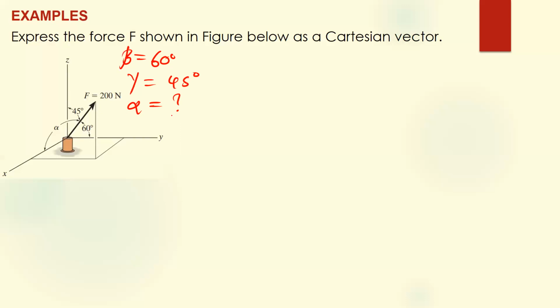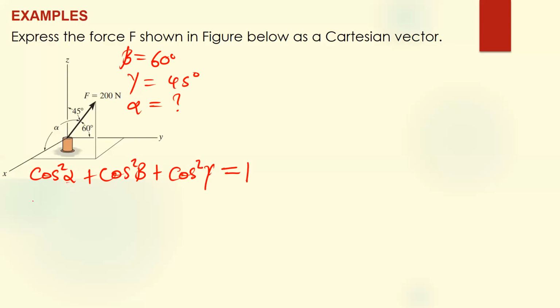How do we find alpha and where do we get alpha? From the cosine, we're going to get alpha from the direction cosines. So the direction cosine formula, we know it to be cos squared alpha plus cos squared beta plus cos squared gamma is equal to 1.